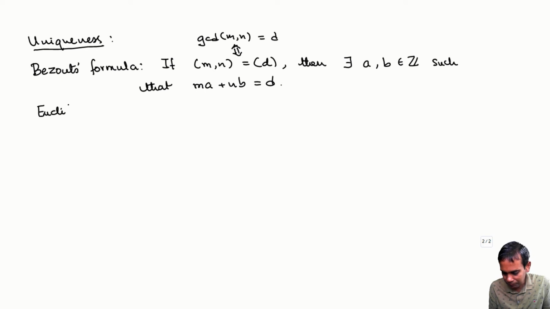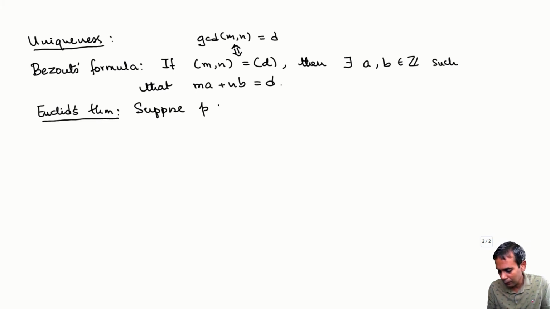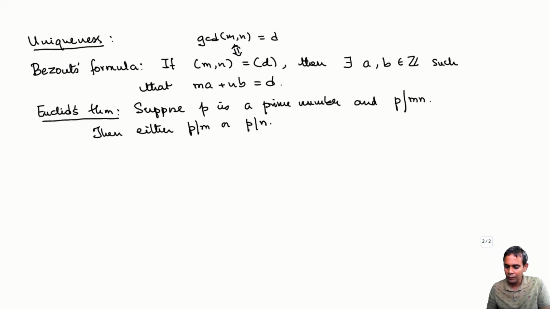Okay, so we will be using this to prove the following result, which goes back to Euclid's theorem, which says that suppose p is a prime number and p divides mn, then either p divides m or p divides n.